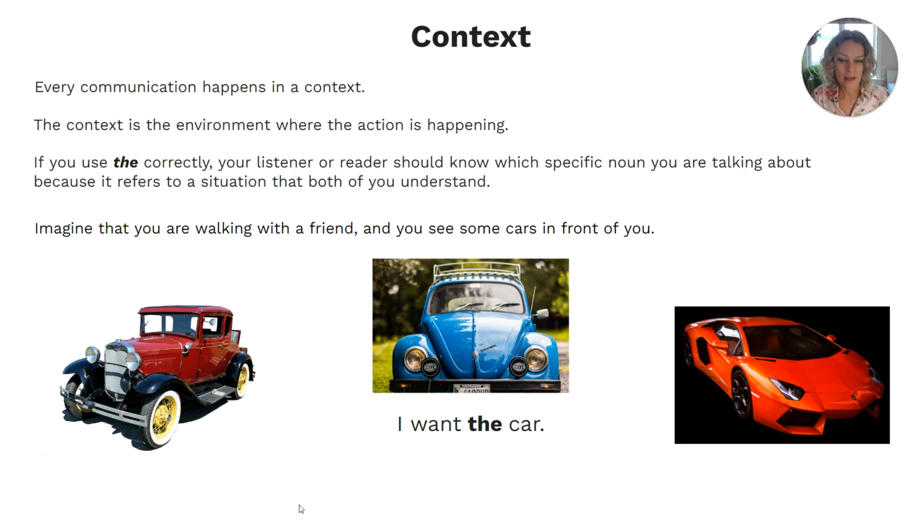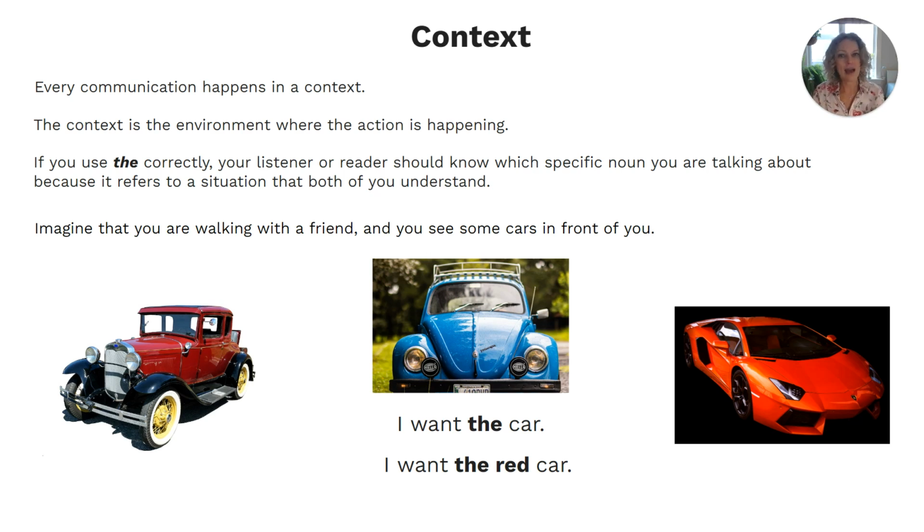It's your responsibility as the writer or the speaker to let your listener or reader know which specific one you're talking about. So how about if I say, I want the red car? So a lot of students think, well, if you add an adjective, then you've identified it. But no, in this situation, that still doesn't help us, right? So it's not enough to just say the red car.